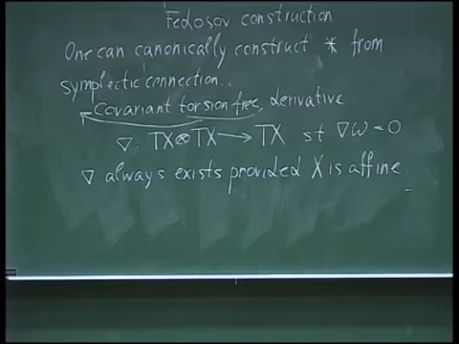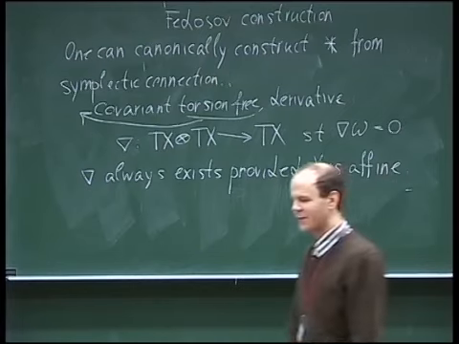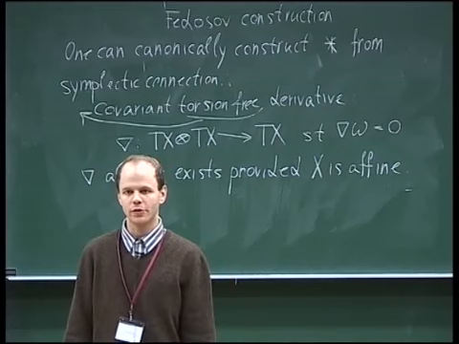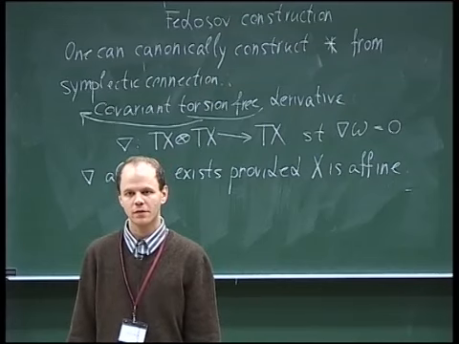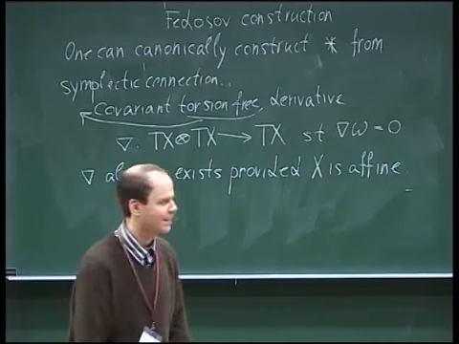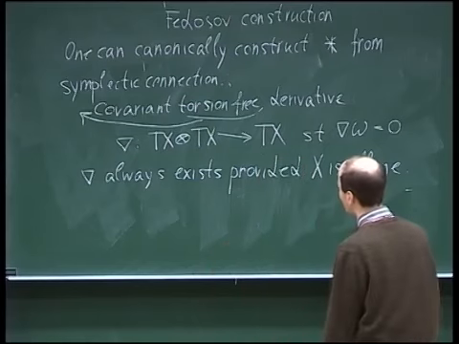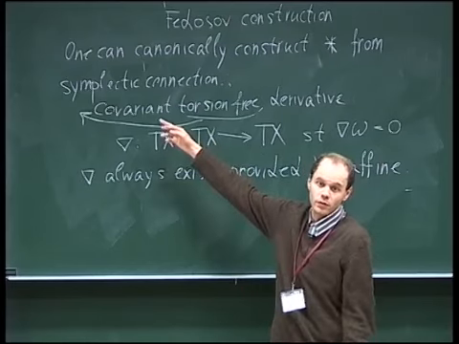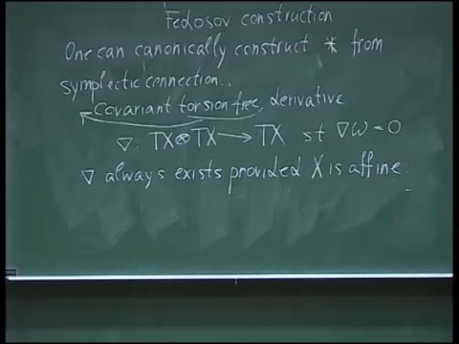Does covariant refer to the group action or something? Covariant is some terminology from differential geometry. So nabla does not have to respect the group? Let me say it. Covariant is just terminology, covariant derivative. And moreover, once we have two actions, we can ask about compatibility with these actions.